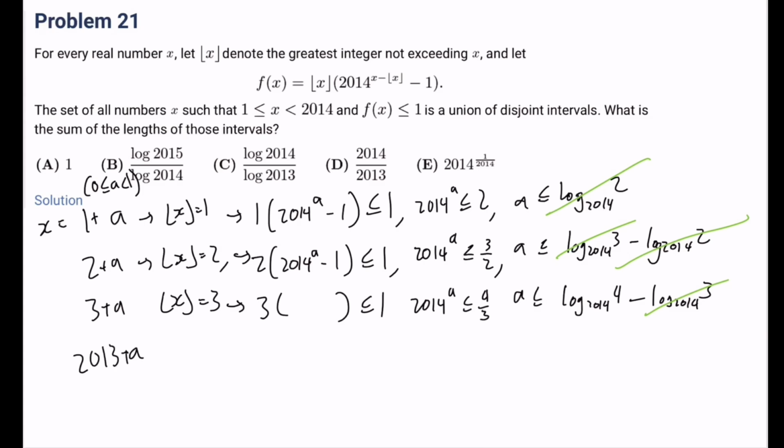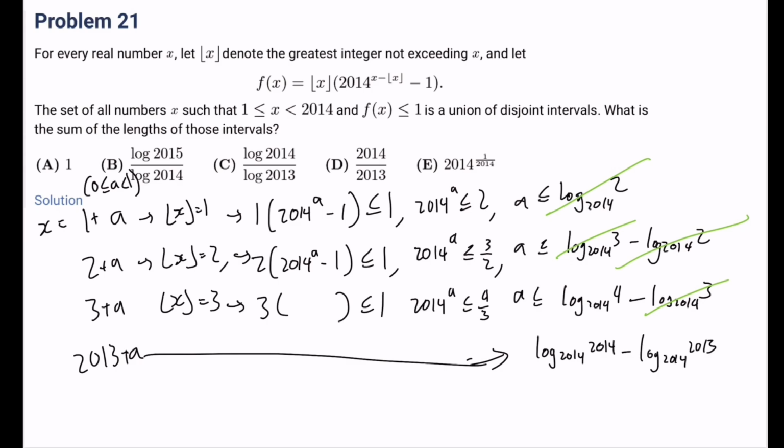So this is going to give us log base 2014 of 2014 minus log base 2014 of 2013. All of these are going to cancel, and this is also going to cancel, which leaves us only with this. But these are the same, so that's just all going to be 1. So 1 is the answer, it's A.